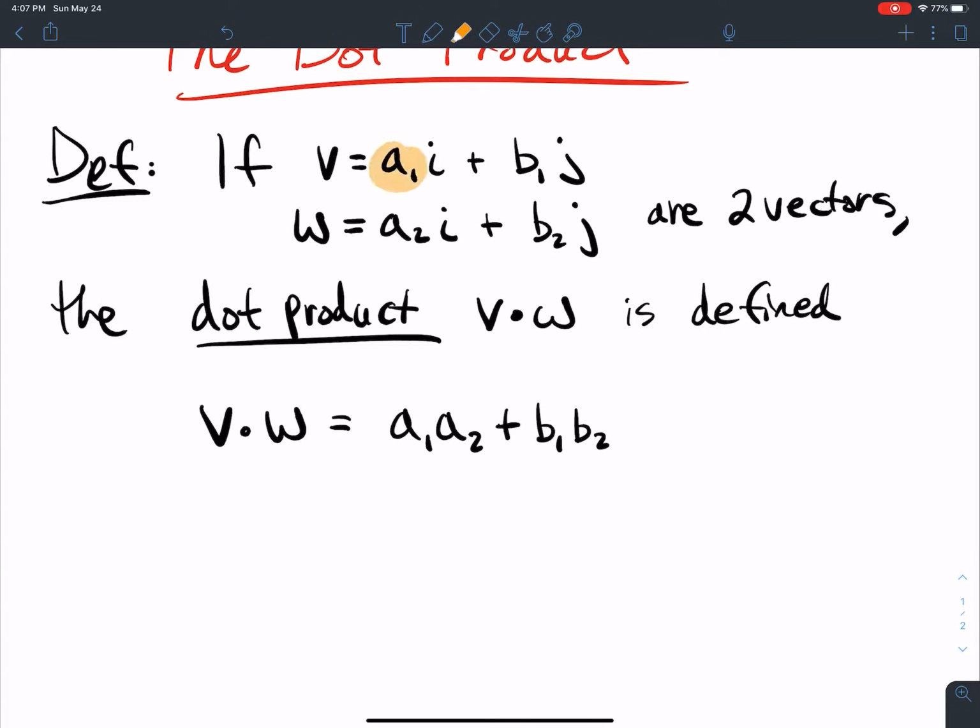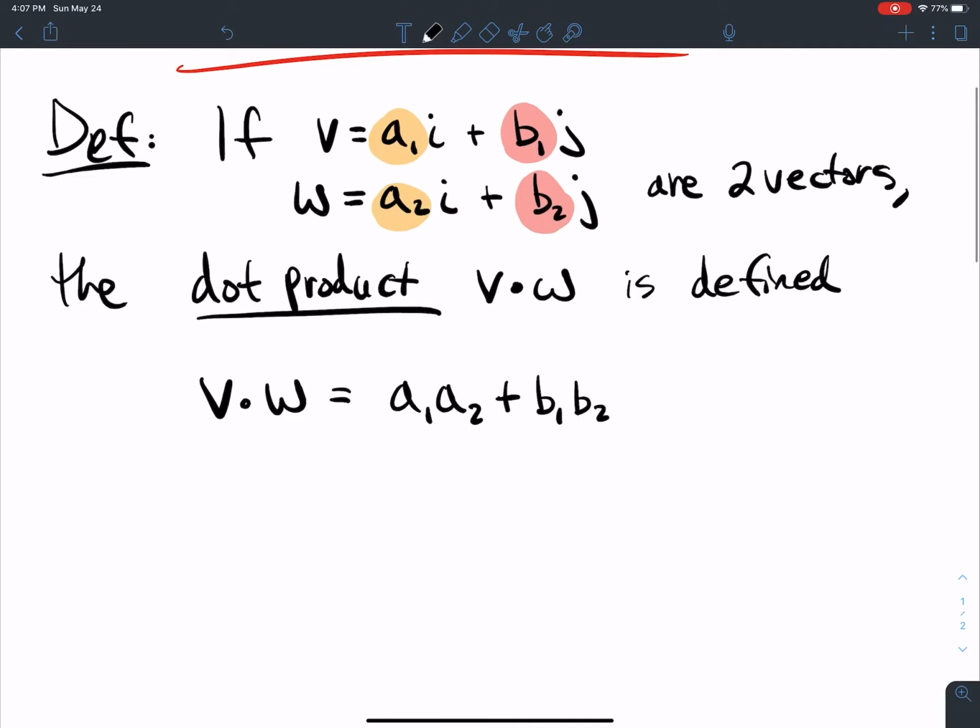So we multiply the coefficients, those scalars, for the i components and then the scalars for the j components, and then sum them. So let's do some examples.